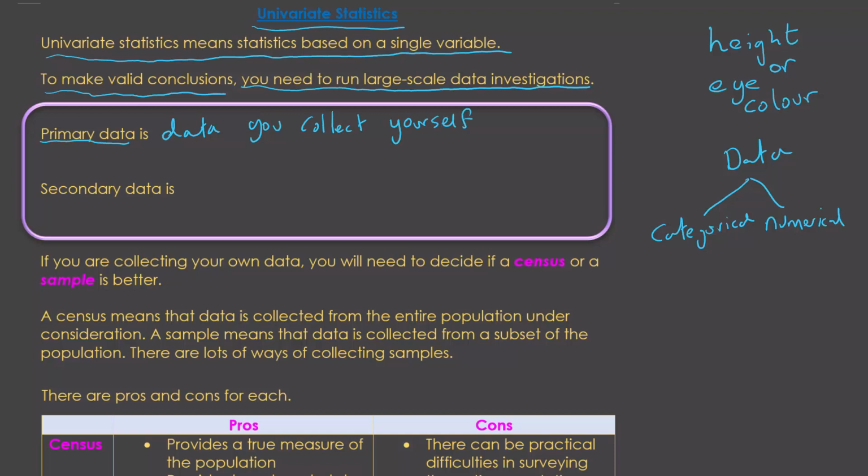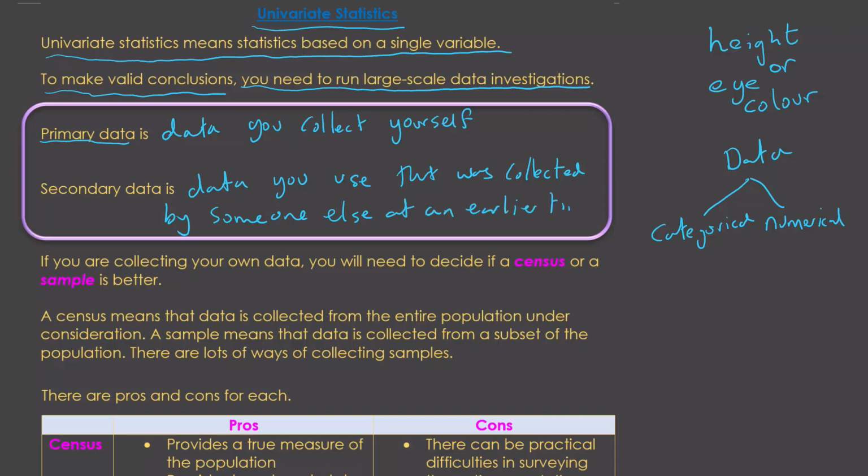Secondary data is data you use that was collected by someone else at an earlier time. So if you get data from the internet, that is secondary data.